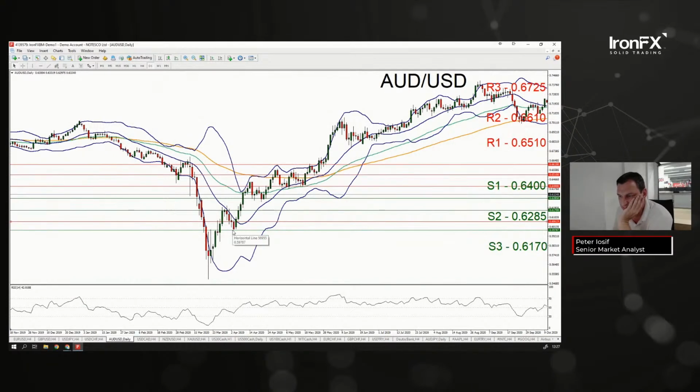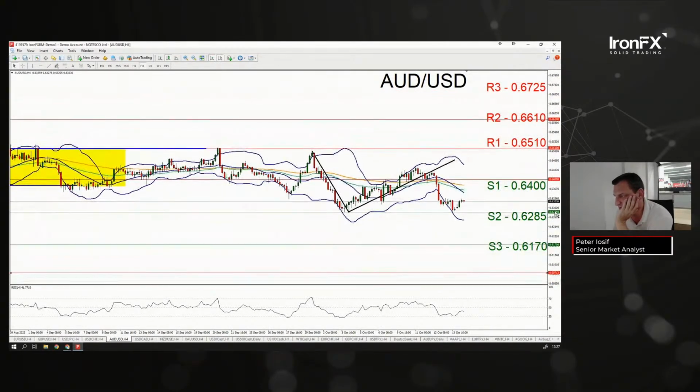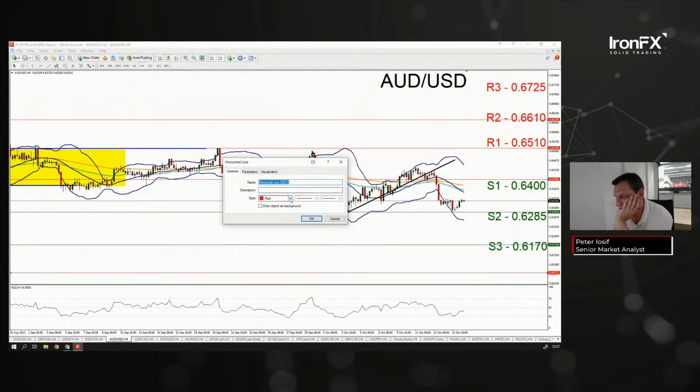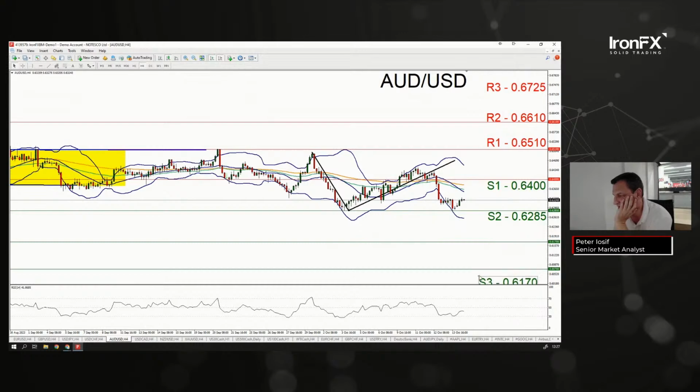Okay, we have a nice touch here. And a nice touch here. Zooming back out to the 4-hour chart, readjusting it. In green, that would be the 0.607. It's practically 100 pips below the S2.